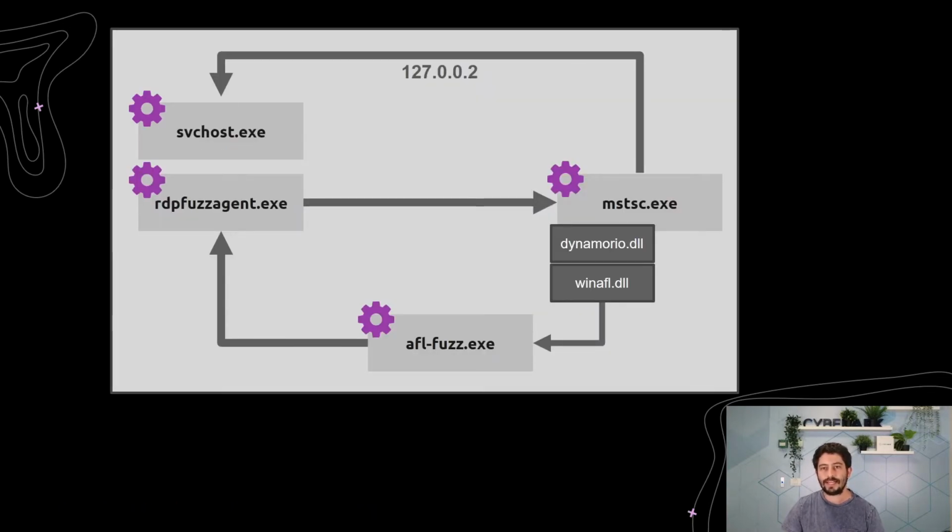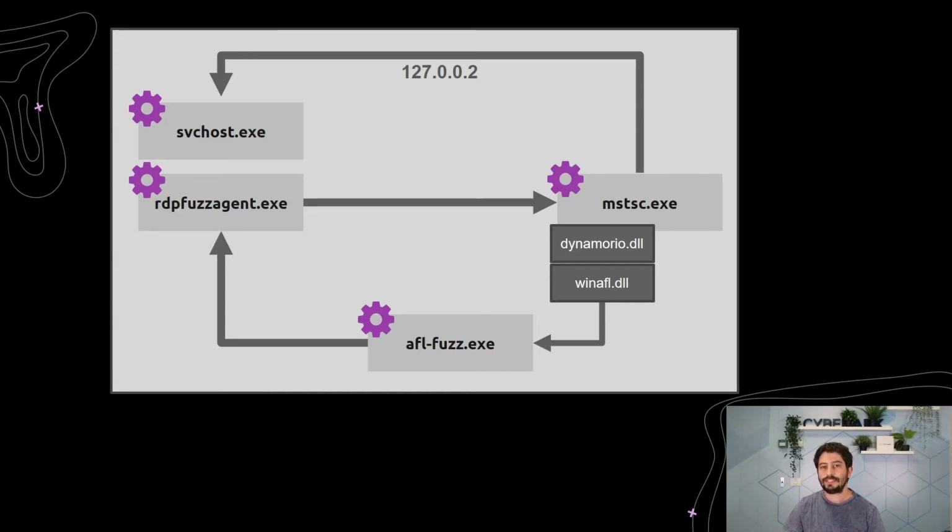Now, for the client side, we optimized it quite a bit, so it looked something like this by the end. On the right-hand side, we have MSTSC, which is the Windows RDP client, and we have AFL Fuzz as our fuzzer, and the code coverage engine is based on DynamoRio and WinAFL.